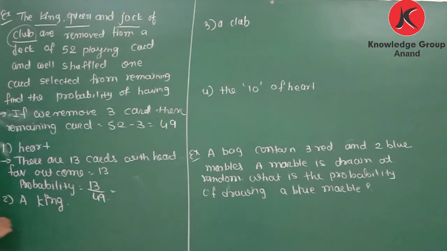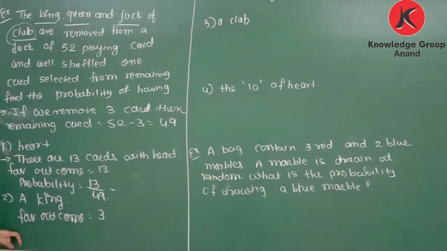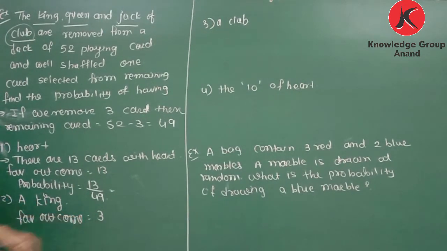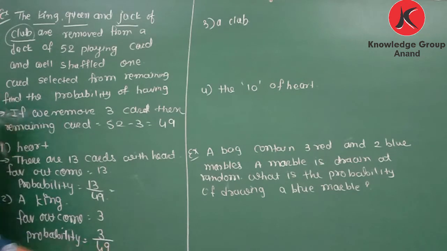So, we can write favorable outcome is 3. Why? Because one king is removed. So, there are only 3 cards with the king. Now probability, the denominator will be the same because there are 49 cards, so it is 3 by 49. So this is our probability.